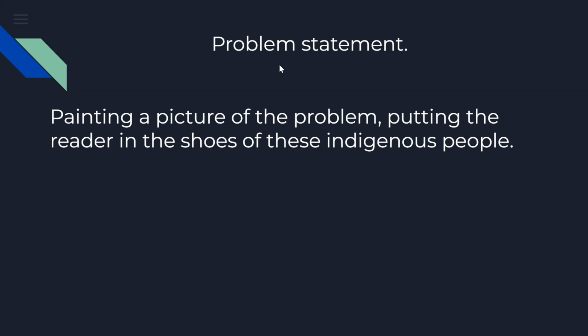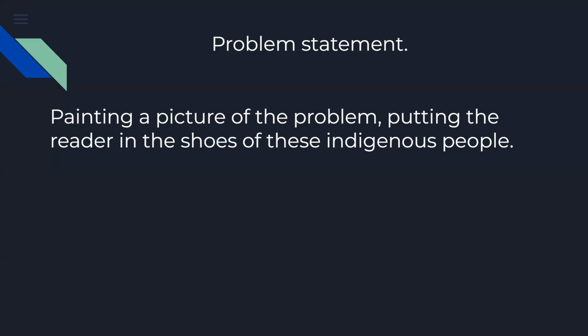So a problem statement, let me use another example, which is not technical. For instance, if in a community there is a disease outbreak, but you're writing to a funder for a proposal on carrying out research on this disease, you assume the funder doesn't know anything about that disease.